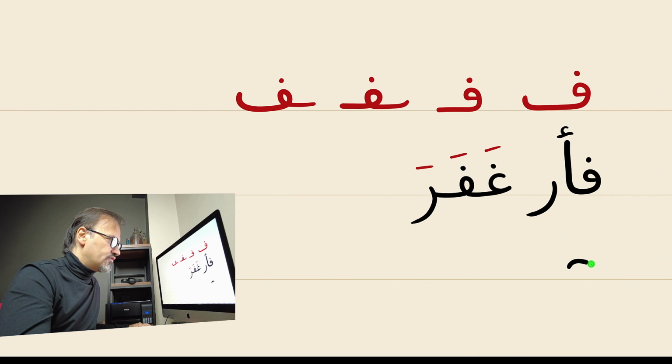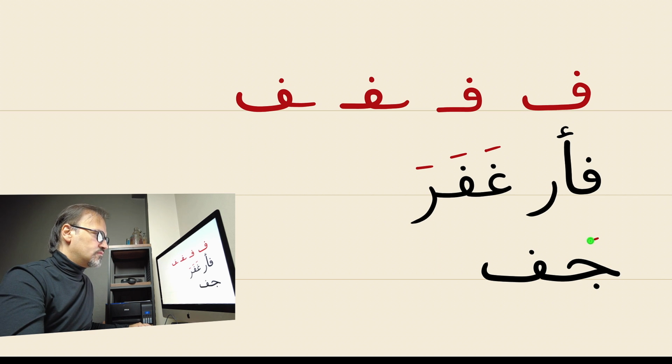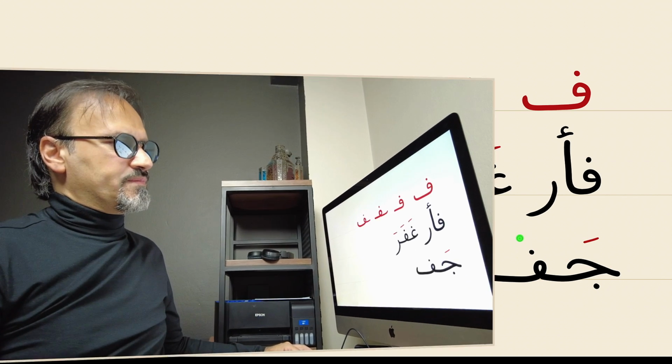And here's an example of a word where the fa comes at the end, which is to dry. Jeff. Starts with a J sound, which is the Jim. Jeff. And that's our F sound.